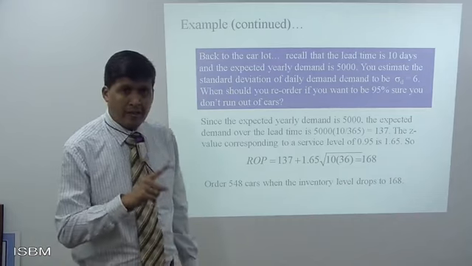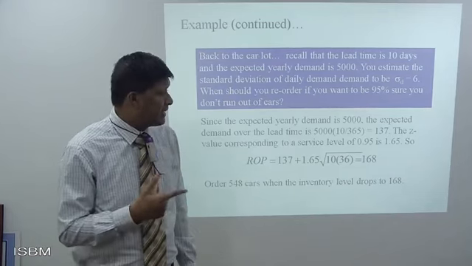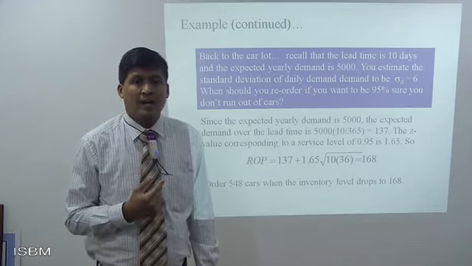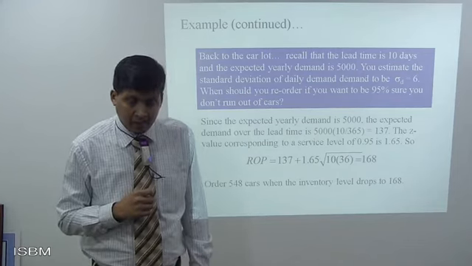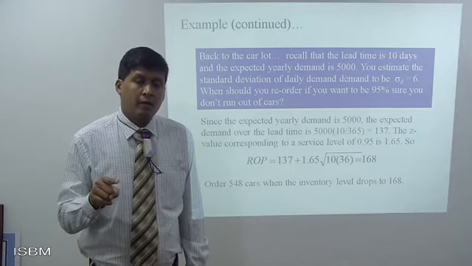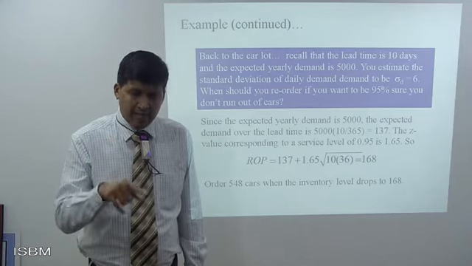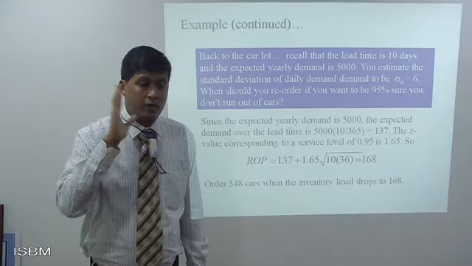So we order 548 cars when the inventory level drops to 168. What was there earlier? 137. 137 was the inventory level at which we used to give the next order.